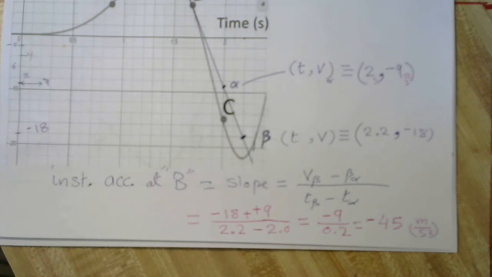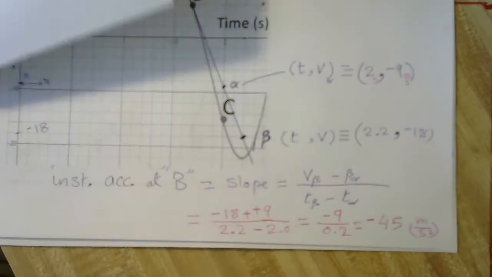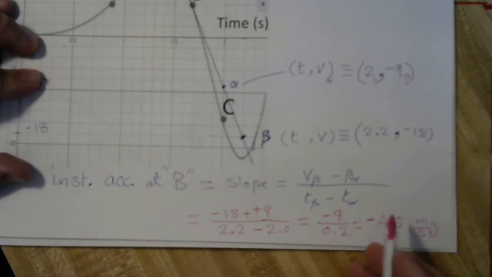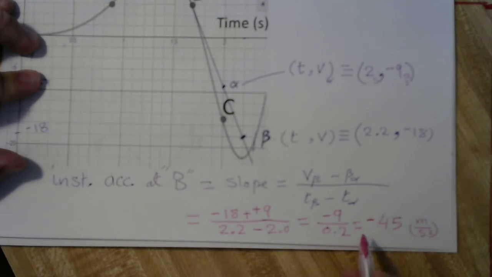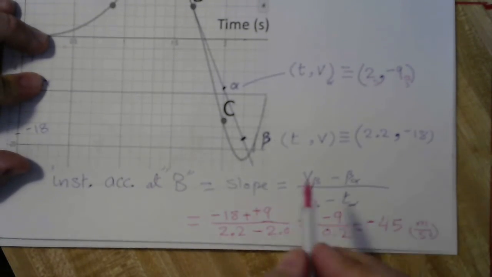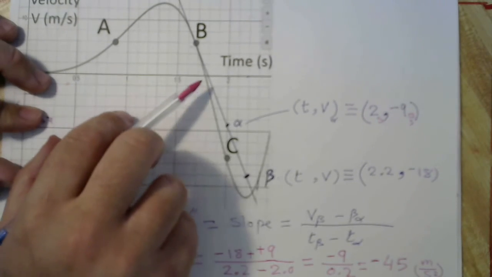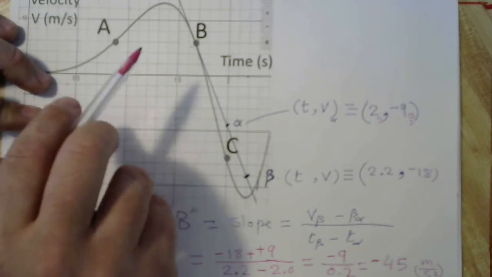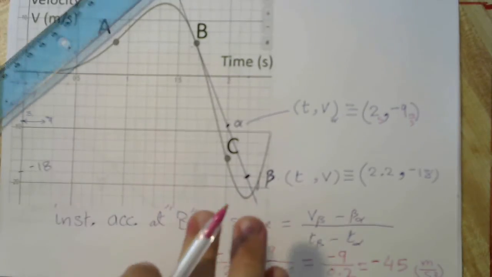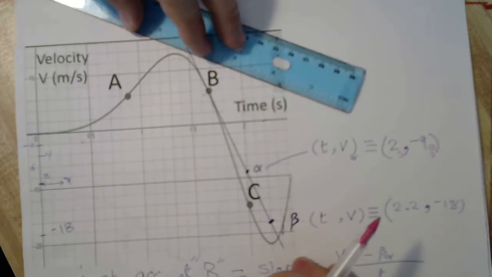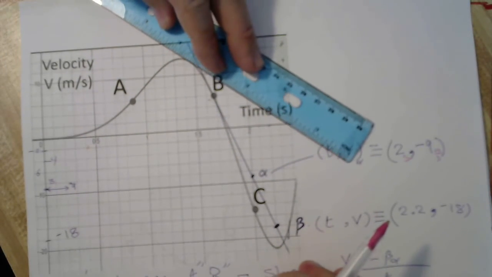Look, the negative sign means that the velocity at this point is decreasing.